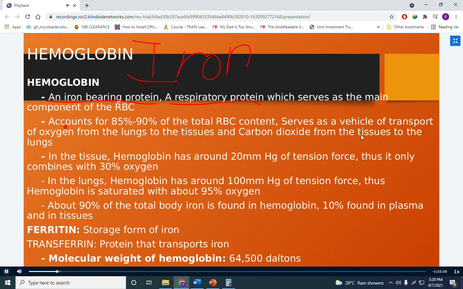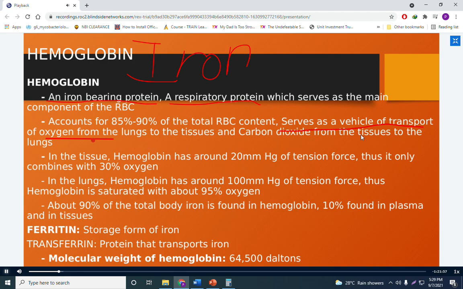Alright. So it accounts for 85 to 90% of your total RBC content. So your RBC class contains 85 to 90% hemoglobin. It serves as the vehicle of transport for oxygen from the lungs to the tissues and carbon dioxide from the tissues to the lungs.